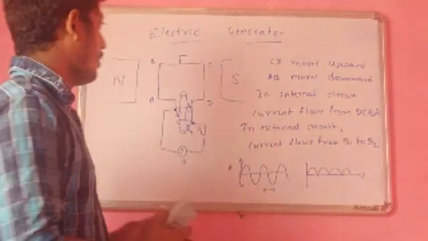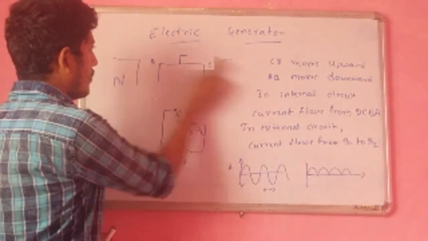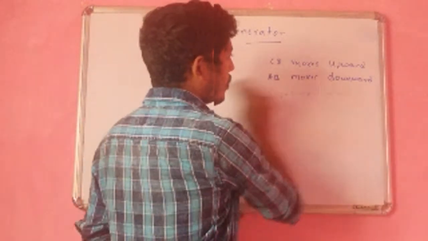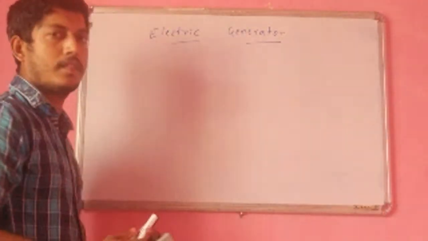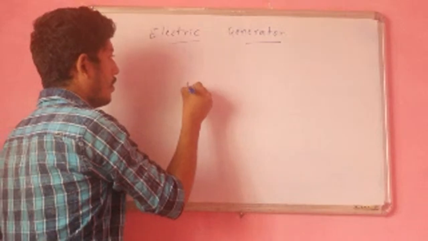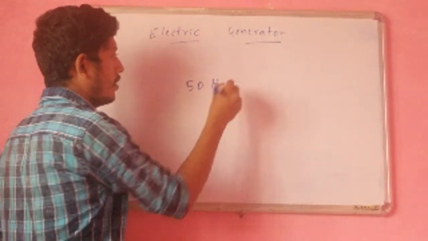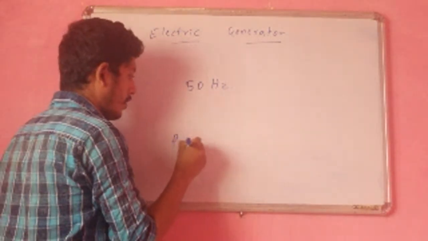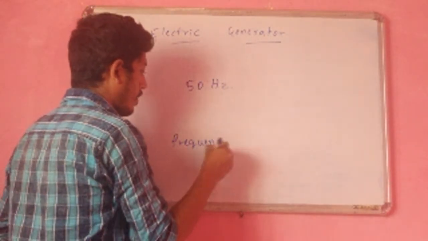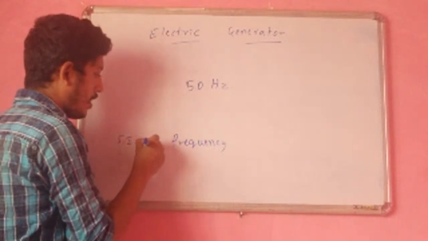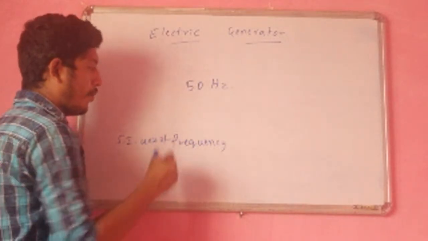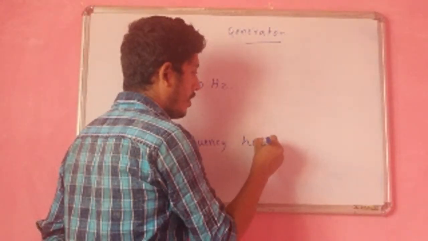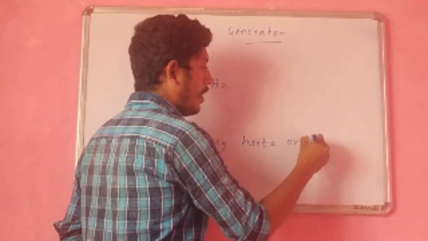In our country, the frequency used is 50 Hertz. The SI unit of frequency is Hertz, written with capital H, small z.